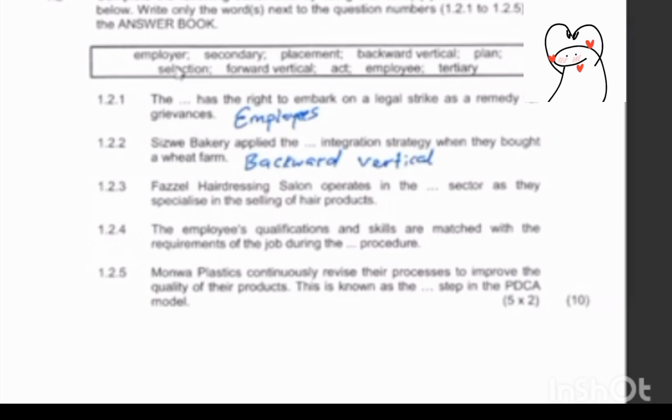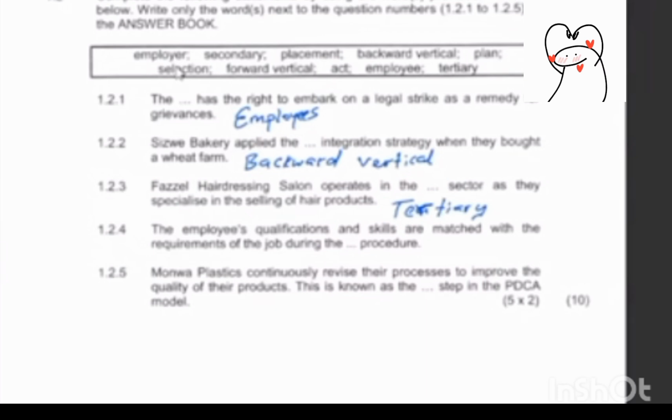So now let's check 1.2.5. Vessel hairdressing salon operates in the dash sector as they specialize in the selling of hair. So now the answer in this regard is going to be tertiary.